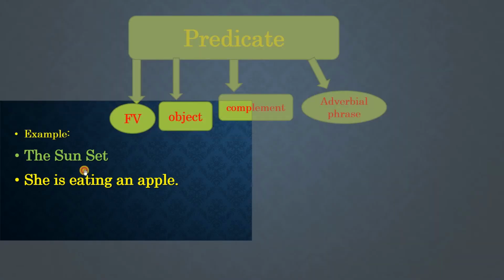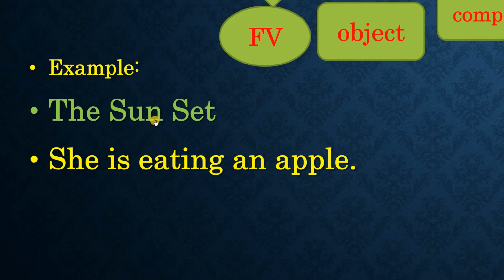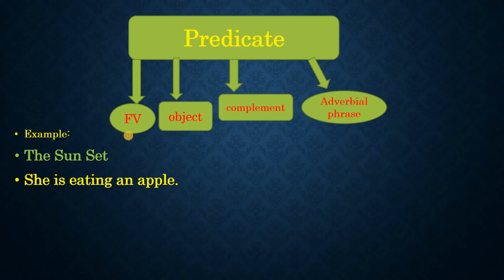The sun set. Dear students, the sun is the subject and set is the finite verb. So you can easily say that this is a clause because you have got subject and finite verb.